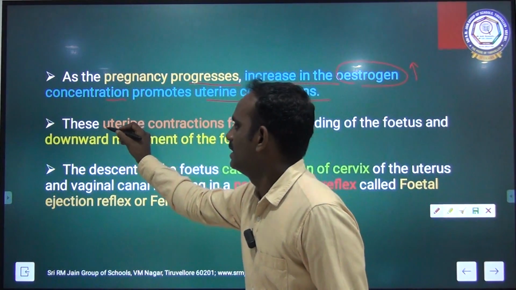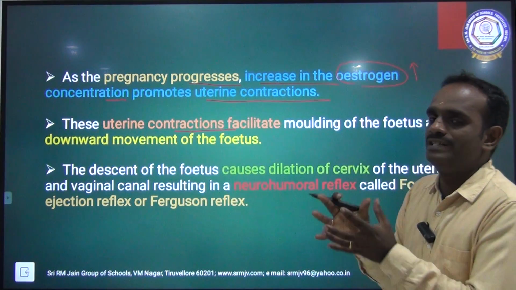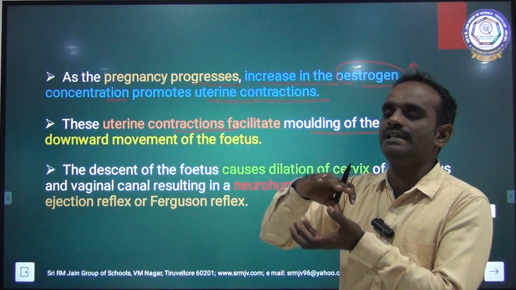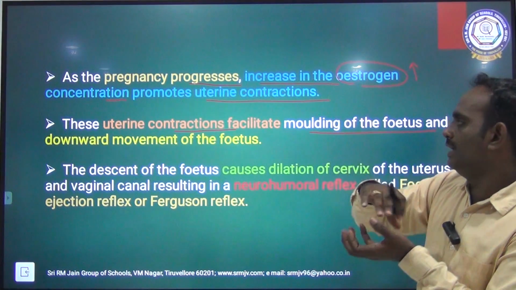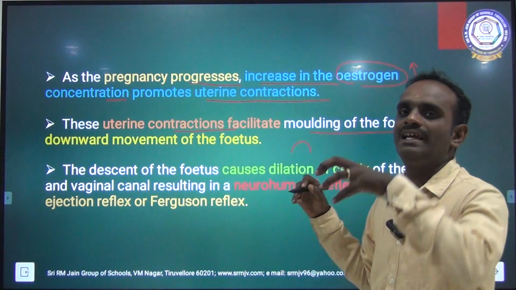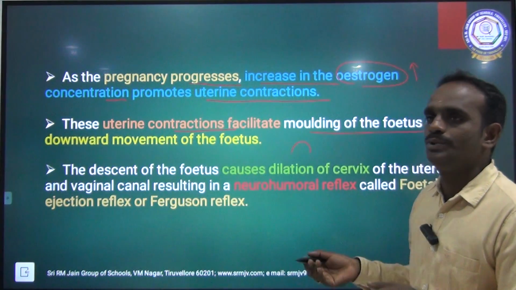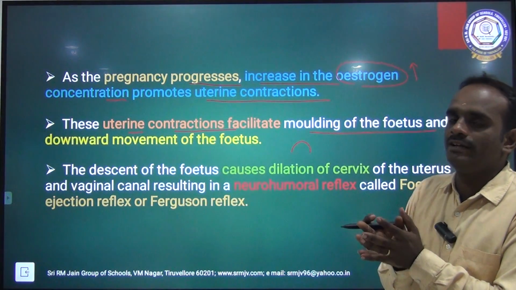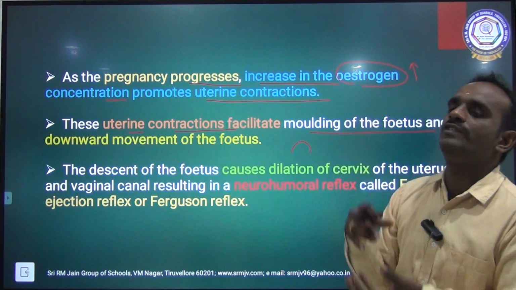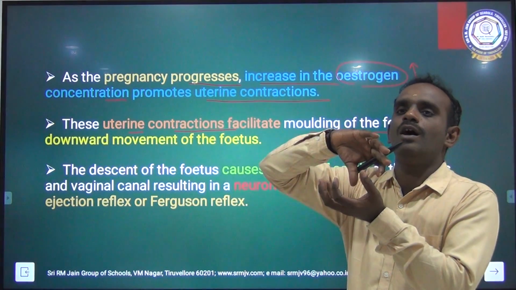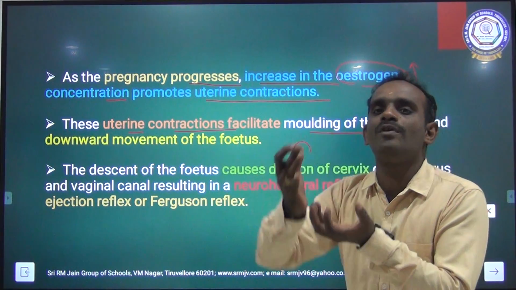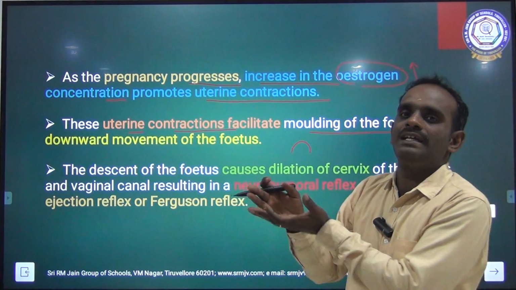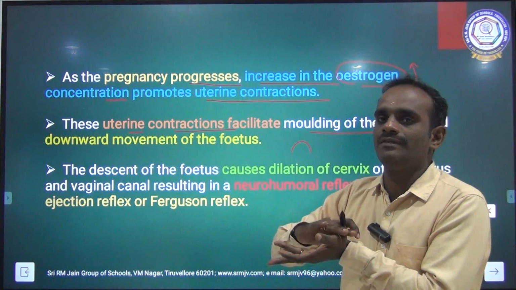This uterine contraction facilitates molding of the fetus. Molding is nothing but a small layer formed over the head of the fetus. It extends up to 1 to 3 days after delivery, and later it will disappear.